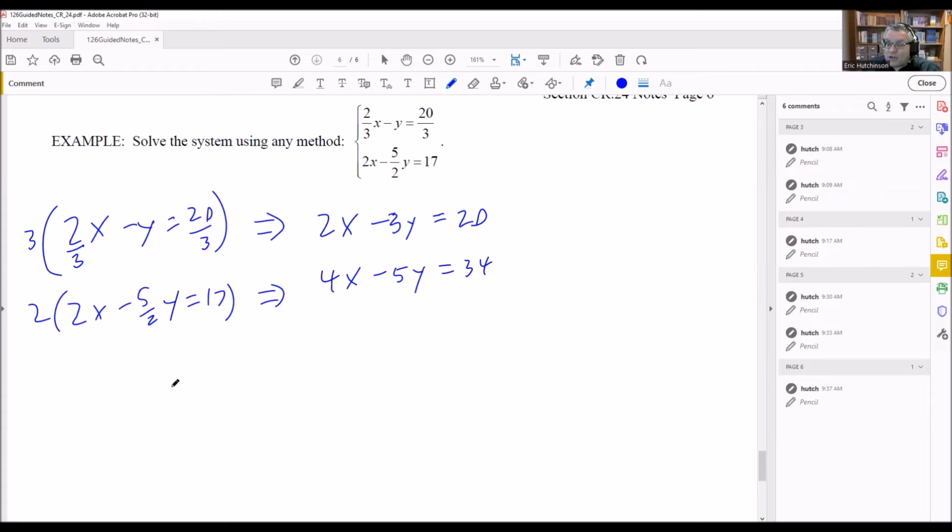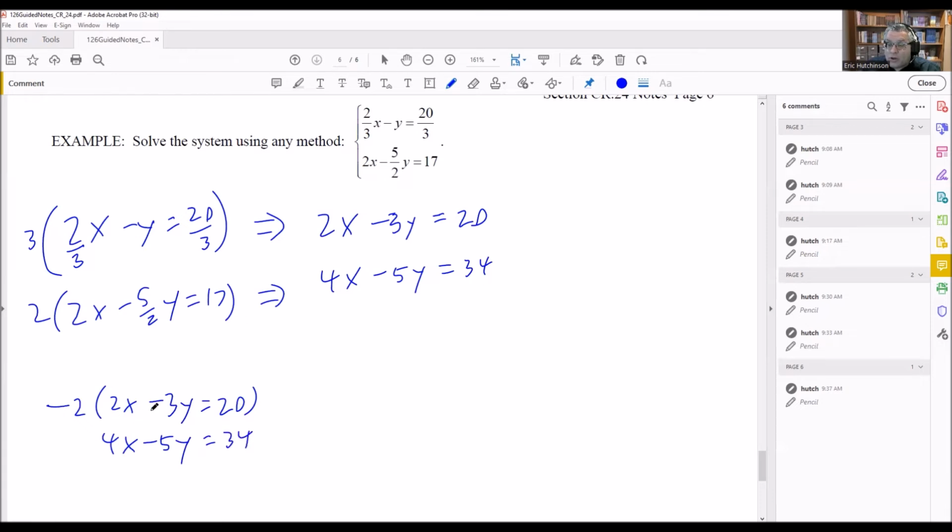So now what I'll do is take the top row and multiply it by -2. I'm doing this by elimination, and I need one of the variables to cancel out when I add the equations together. I don't have to do anything with the bottom row.